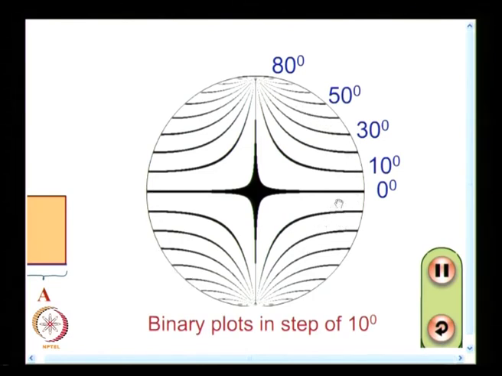So, I have a 0 degree isoclinic, 10 degree isoclinic, 20 degree isoclinic, 30 degree isoclinic, and so on. And we call these isoclinics. In fact, when we do the chapter on photoelasticity, we will know in detail what these isoclinics are.